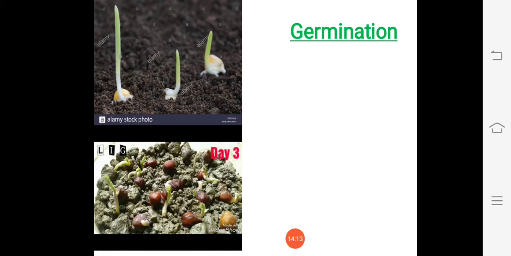So in maize, in gram, in pea, the cotyledons lie below the soil or on the soil like in the figure shown, and the plumule and radicle develop at this stage and it provides the nourishment to the growing plant until the leaves grow.